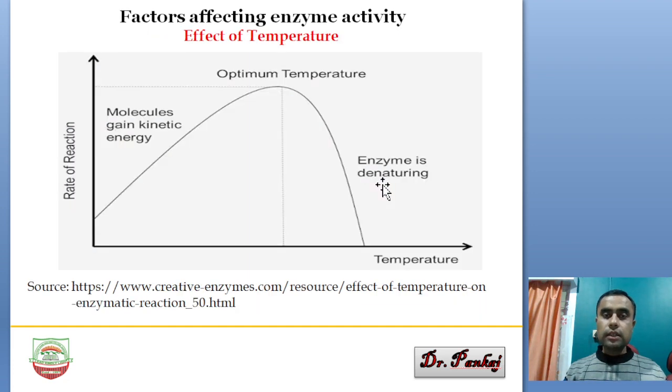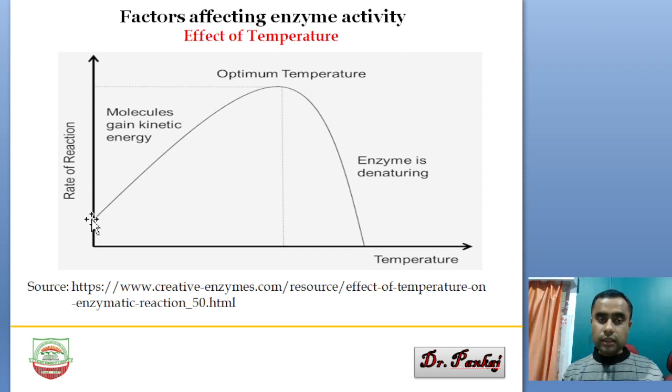Next one is the effect of temperature. If we see the effect of temperature on enzyme activity, from low temperature to one level of temperature, the rate of reaction increases. But after that, if the temperature increases again, then the enzyme activity decreases.